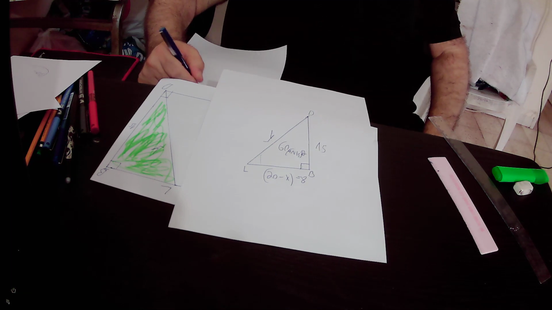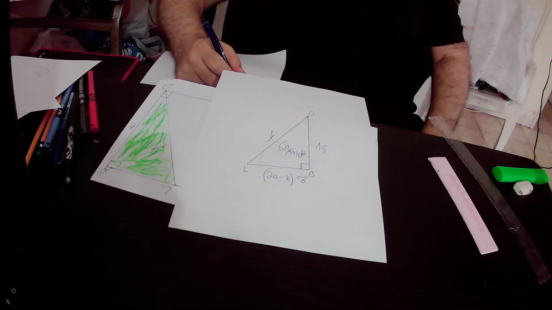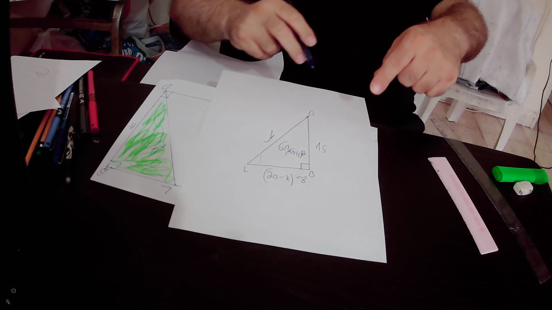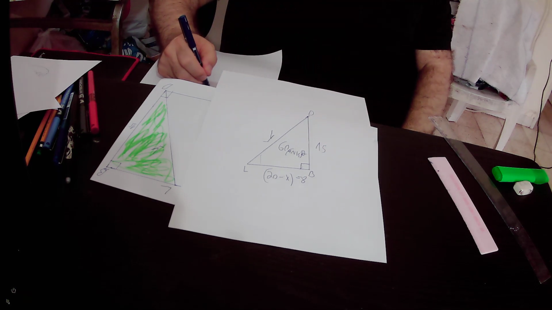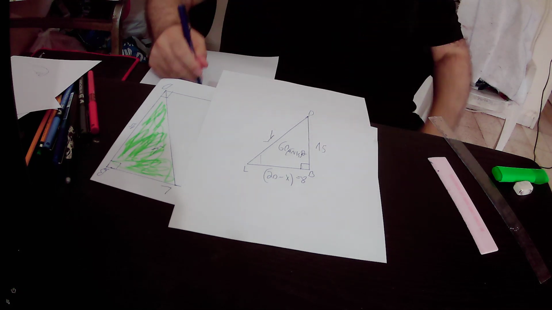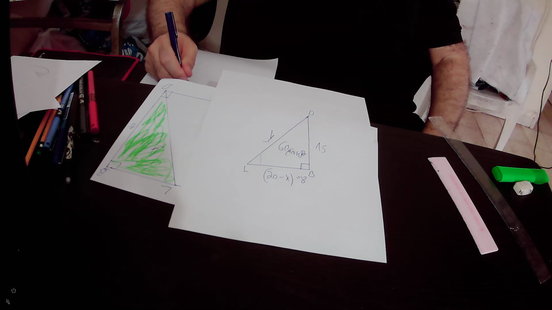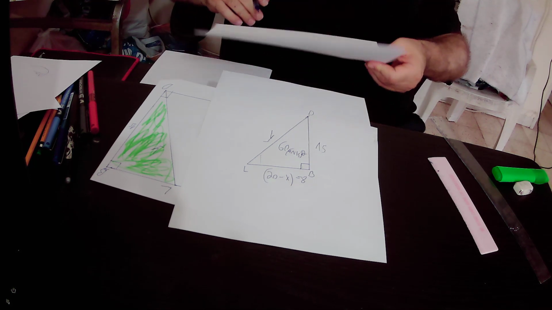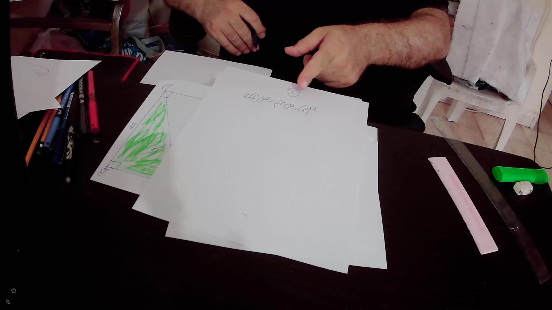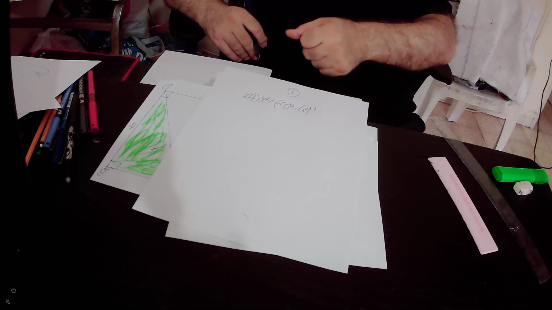That is to say, y squared equals 15 squared plus 8 squared.